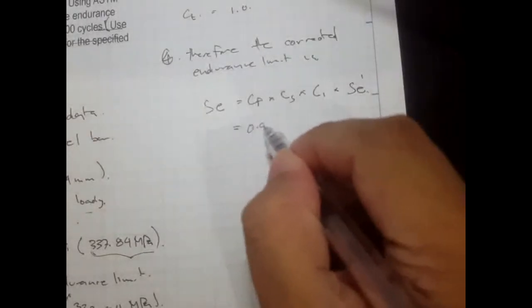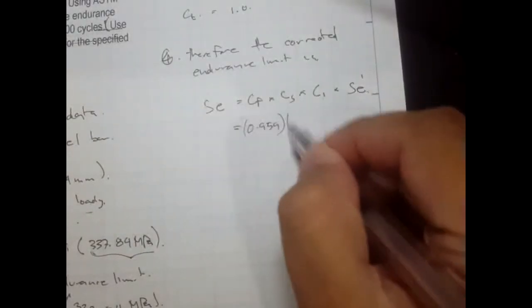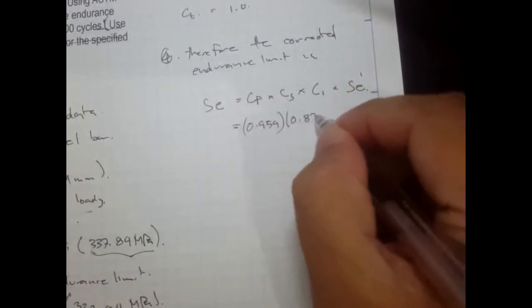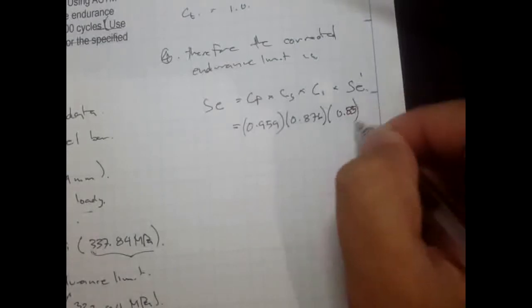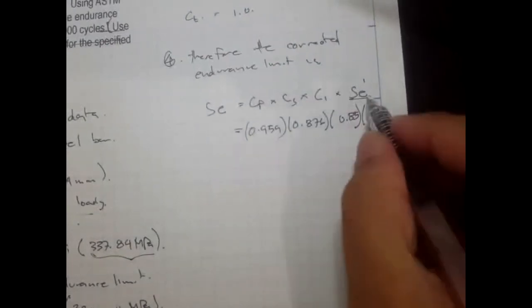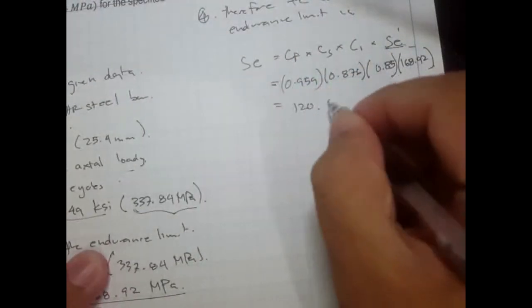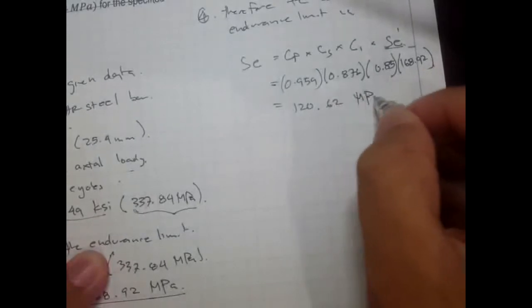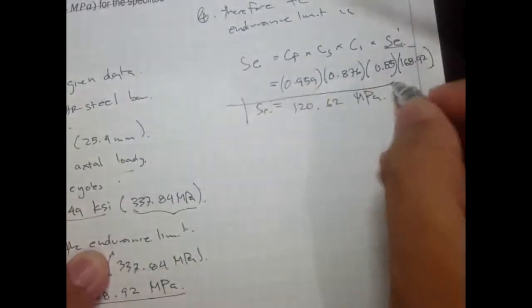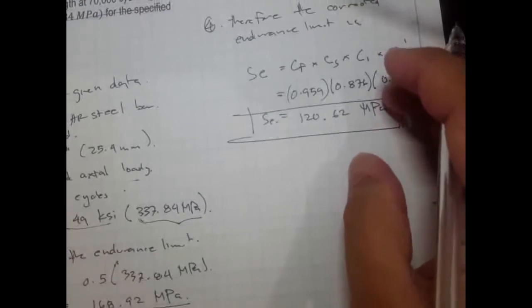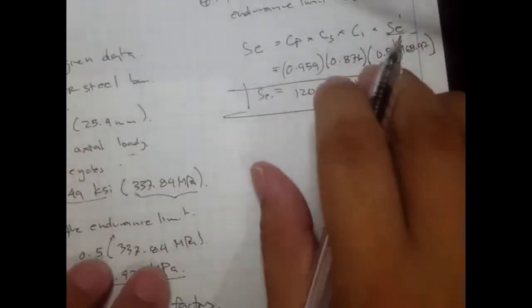So this is 0.959 times the size factor of 0.876 times the loading factor of 0.85 times the value of Se prime, which is 168.92, and if you do the math, what you get is 120.62 megapascals. Right, so that's the corrected endurance limit.